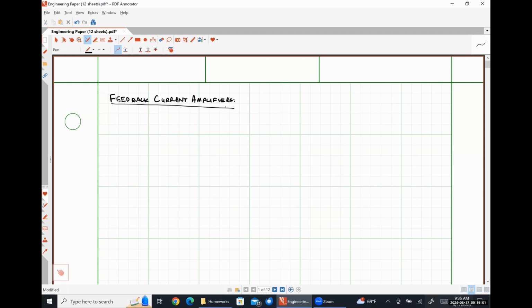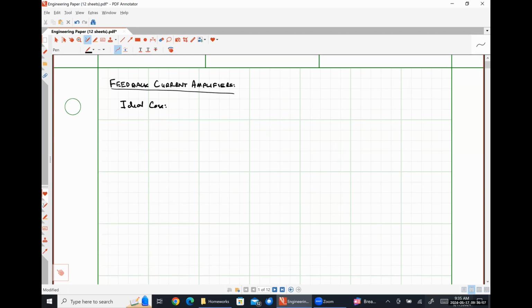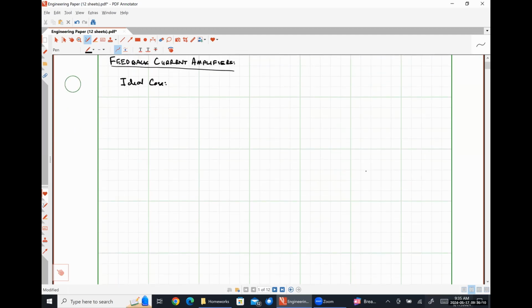So in an ideal case, we are going to have something that looks like this. Here's our source current, IS. Once again, we are not going to have any signal resistance because we're dealing with an ideal case, so I'm not putting anything in parallel with the source current.